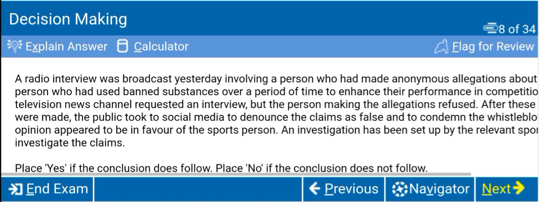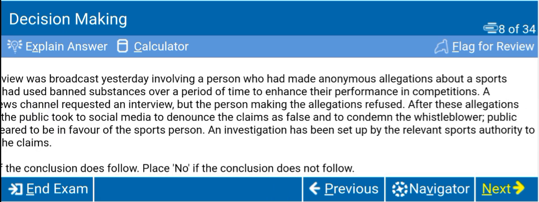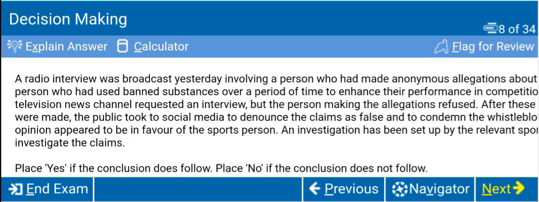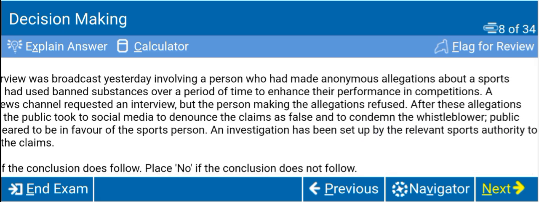Next question, we have question number 8, which says a radio interview was broadcast yesterday involving a person who made anonymous allegations about a sports person who had used banned substances over a period of time to enhance their performance in competitions.